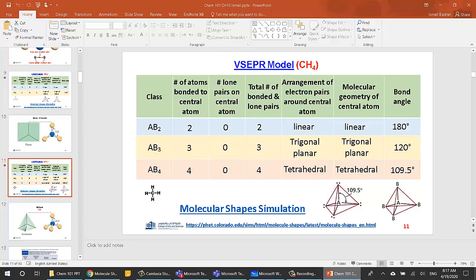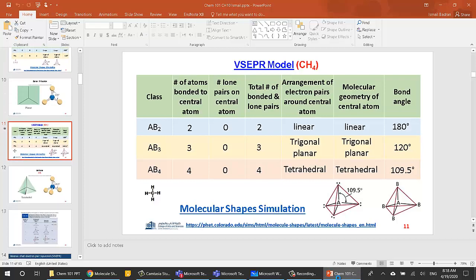The trigonal planar has 3, and the tetrahedral has 4. There are also other geometries with 5 and 6 electron pairs. The angle in the linear is 180. Trigonal has 120, and tetrahedral has 109.5 degrees.